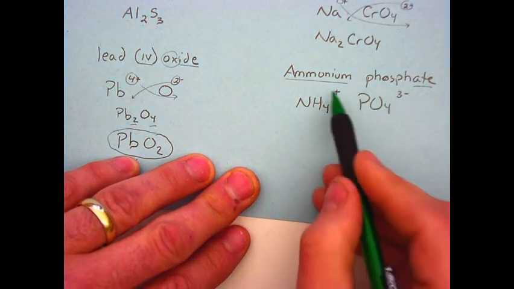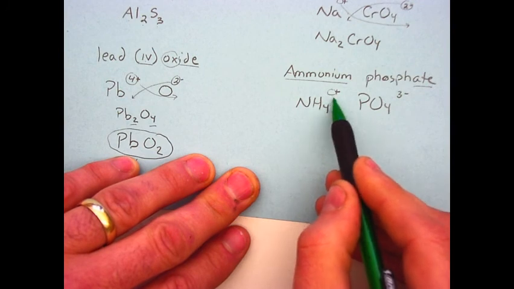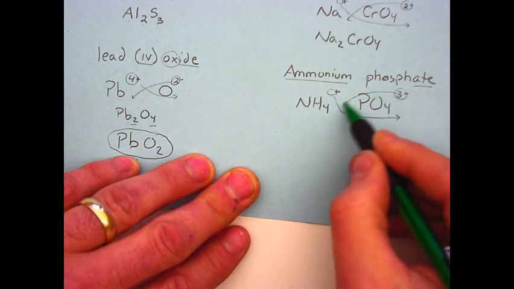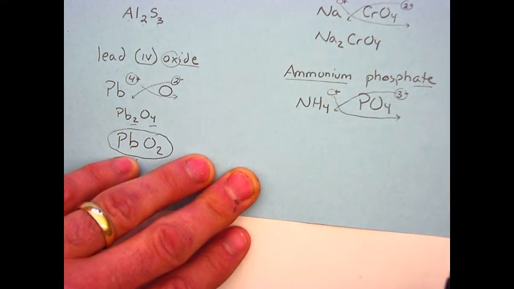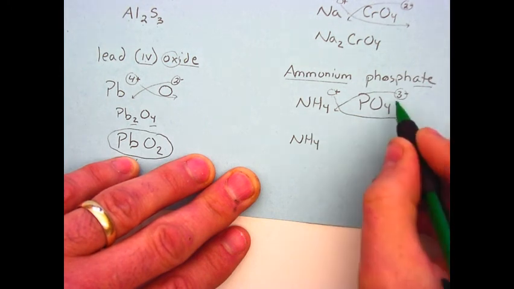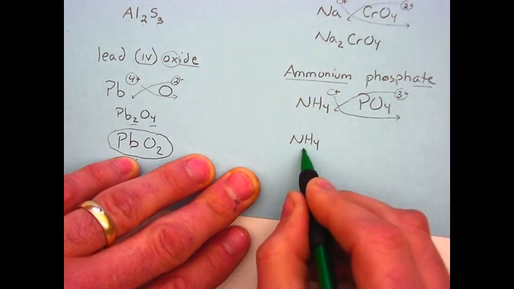Now in this case, when we cross and drop, the 1, even though you don't write it, there's a 1 there, crosses over, drops down there, and the 3 crosses over and drops down there. Now the formula is NH4, but we need to indicate that there are 3 of the ammoniums.